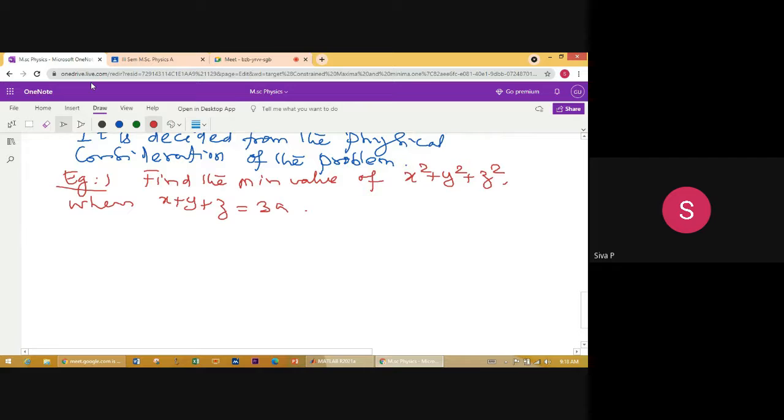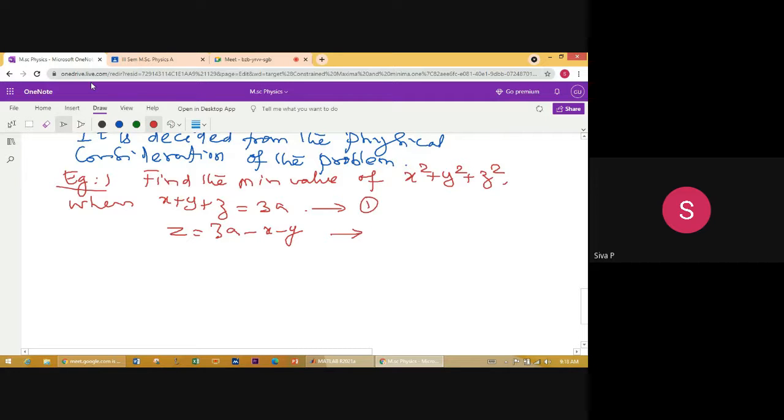It is a general one. There are three variables; we have to eliminate one variable by using this relation. So z equals 3a minus x minus y. Take this as equation number one.